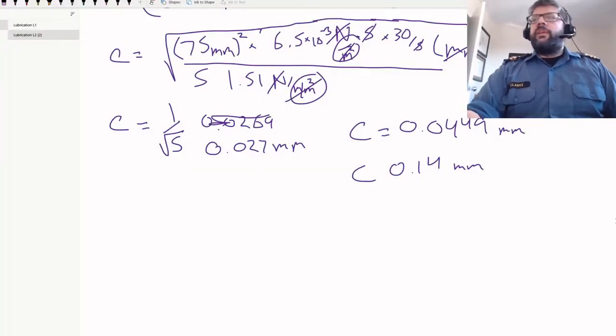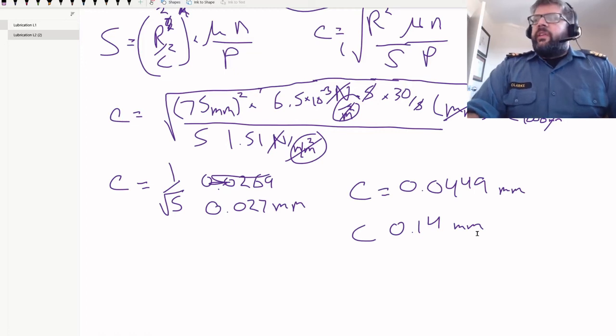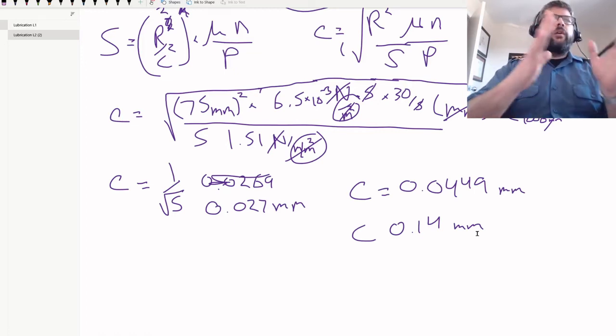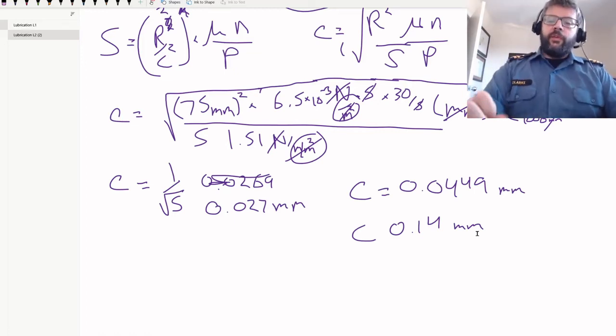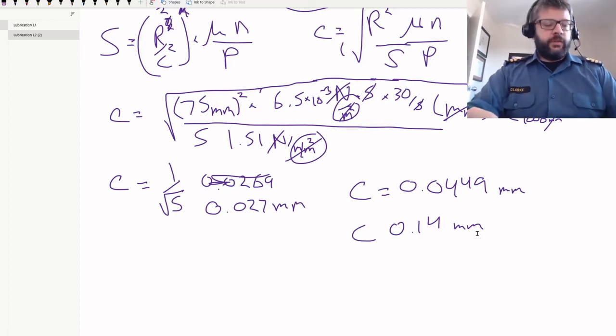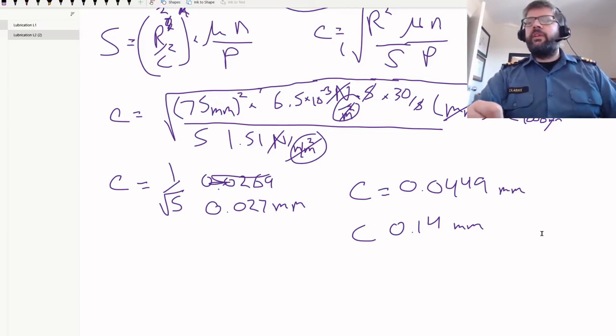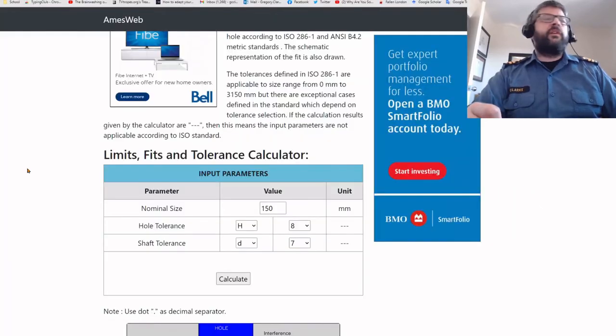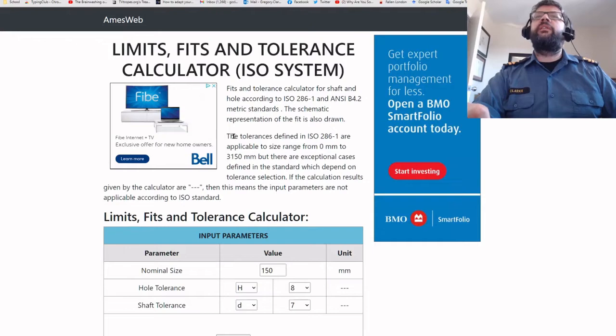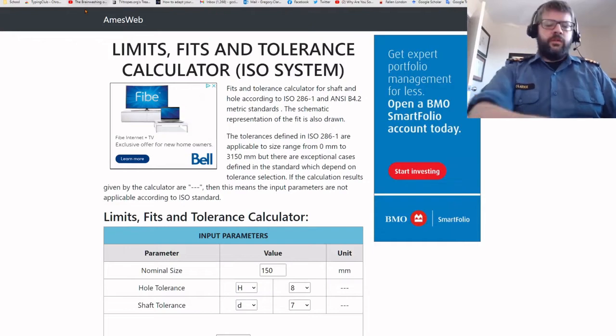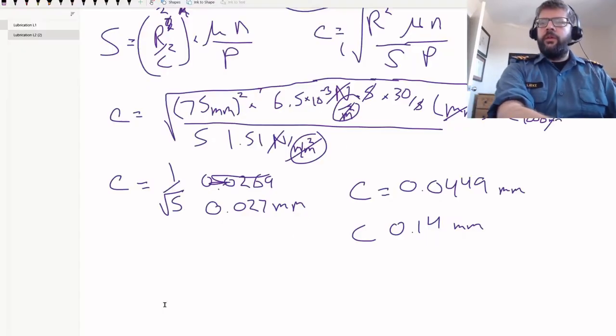So now that we have the radial clearances that would be within our optimal range, we need to figure out what's obtainable. Essentially what I did is I went ahead and found a limits, fits, and tolerance calculator. Here's the URL.